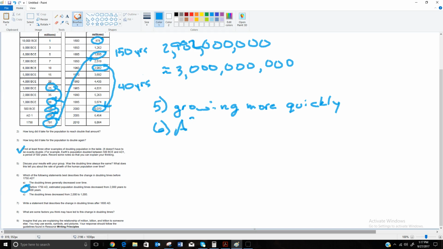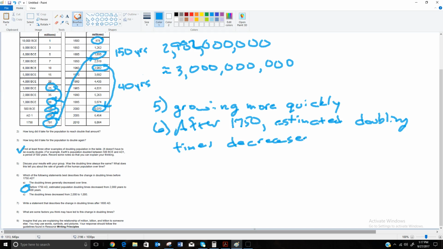So we'll say, after 1750, estimated doubling times decreased because the population was increasing more quickly, so the time to double decreased from about 150 years to less than 40 years.